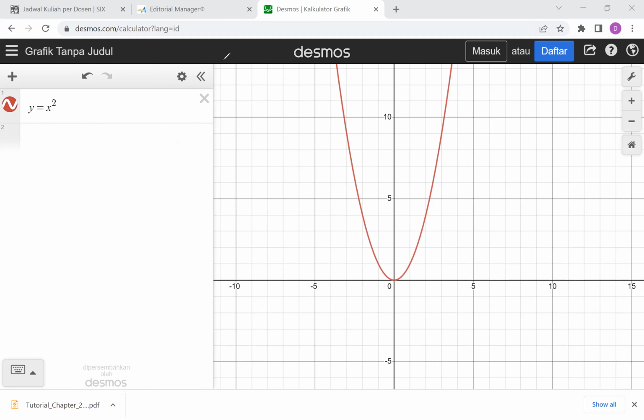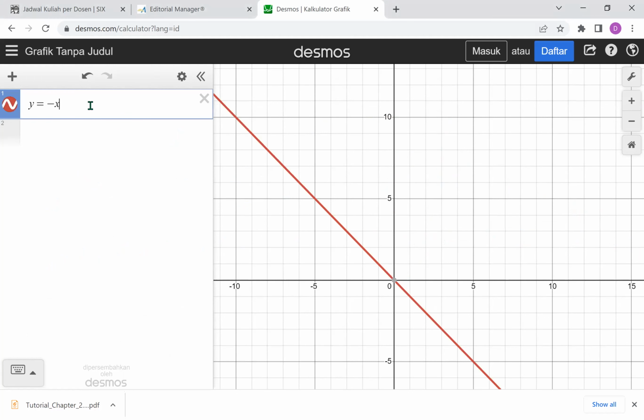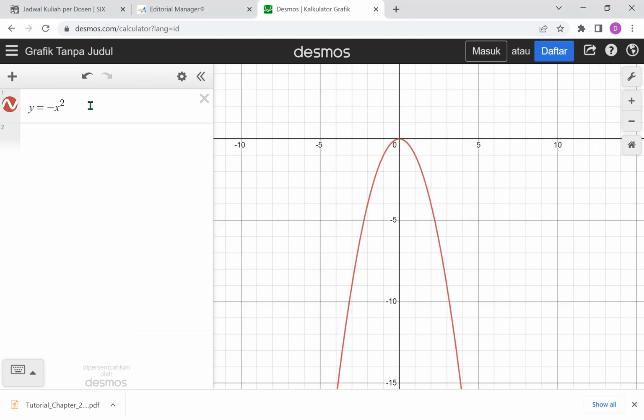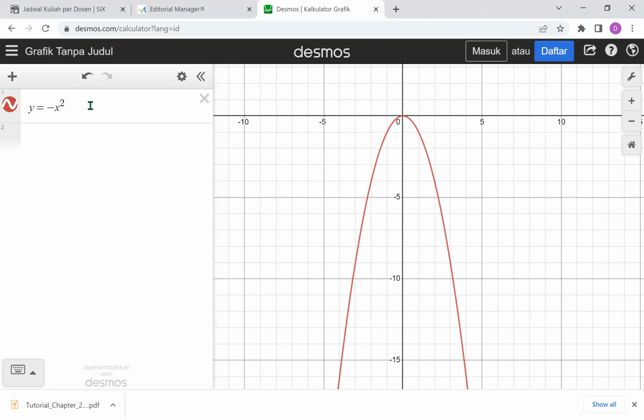Suppose that now I replace y equals x squared by y equals minus x squared. In this case, you'll see that the maximum value is 0 and the minimum value does not exist.